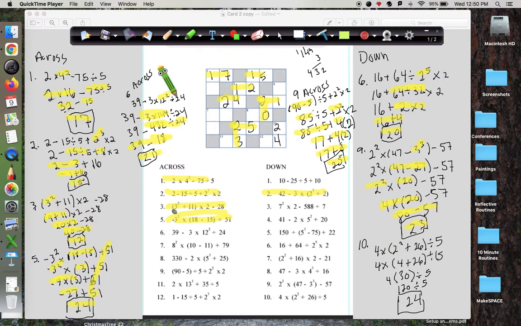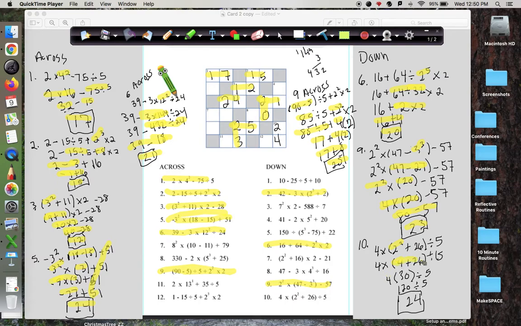And let's see, I was marking these off. We did 6 across. We also did 9 across. And now we did 6 down and 9 down. And finally, we're going to do 10 down. The first thing we see is parentheses. Within those parentheses, we're going to do the exponent first.